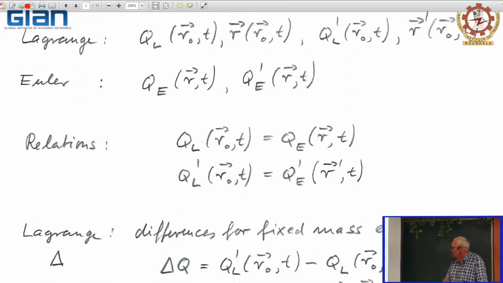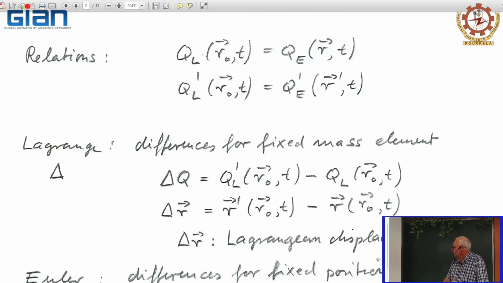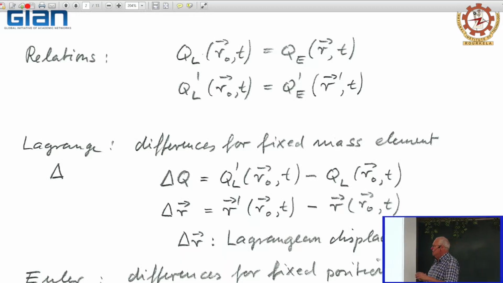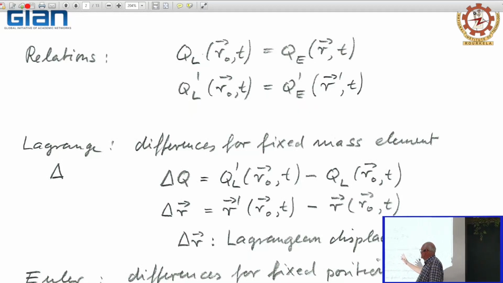Now we define two variations or two perturbations. First, a perturbation in the Lagrangian sense. This means the difference between unperturbed and perturbed system for a fixed mass element.